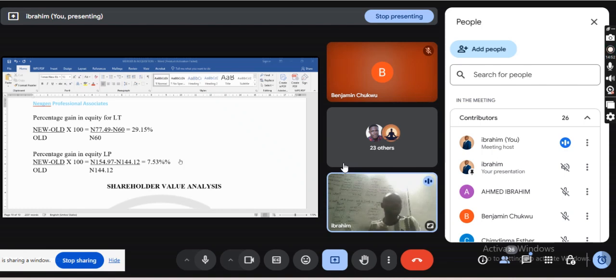All is to determine the value of the business. That is why the definition says that shareholder value analysis is the process of analyzing the activity of a business in resolving to the increase in the shareholders' wealth, right?